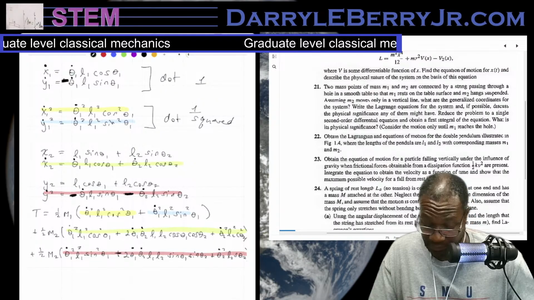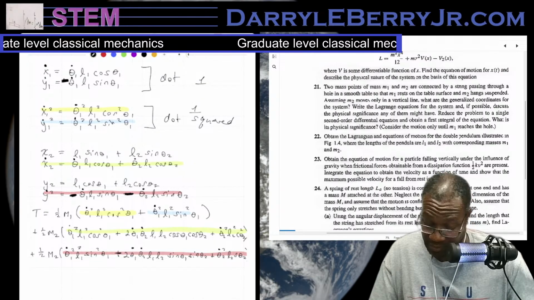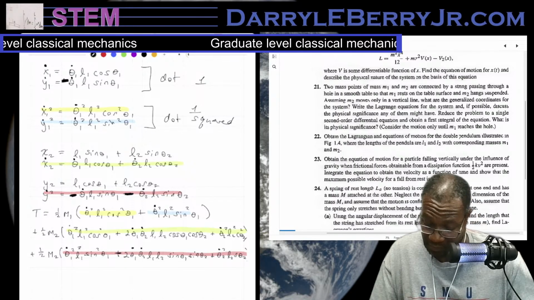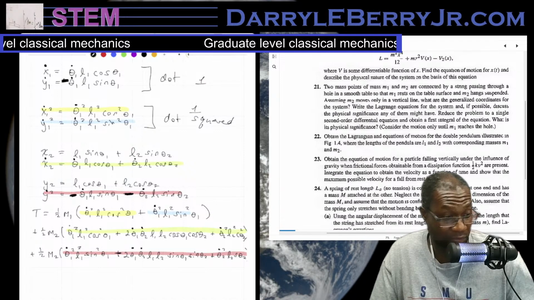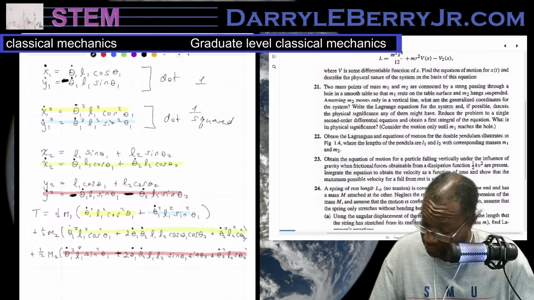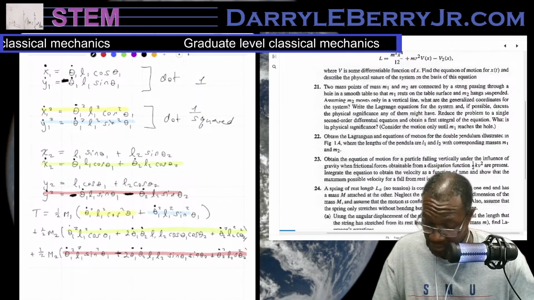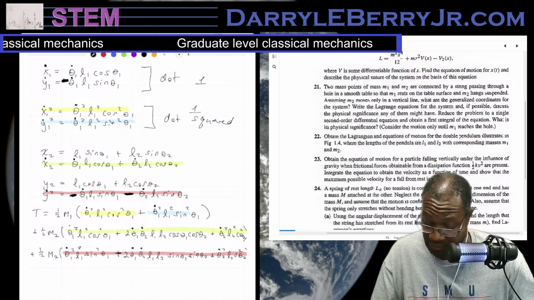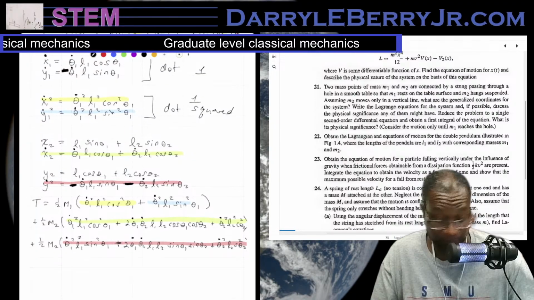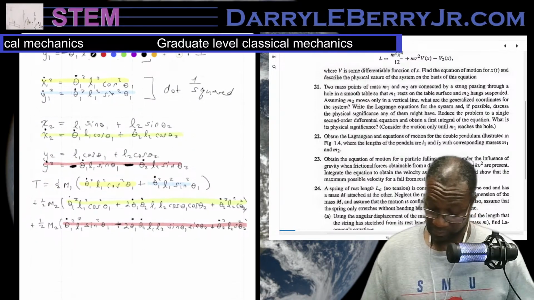And then theta 1 squared, L1 squared, sine squared theta 1, theta 2 squared, L2 squared, sine squared theta 2. Left off my squared here. And 2 theta 1, theta 2, L1, L2, sine theta 1, sine theta 2. Okay, so that looks right.